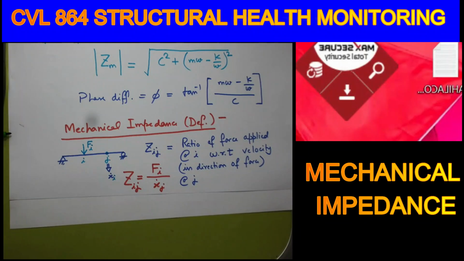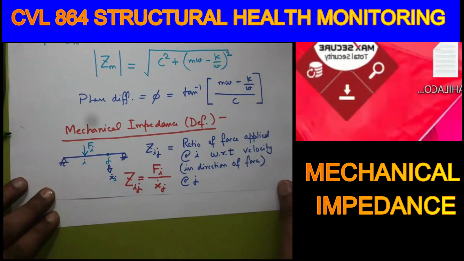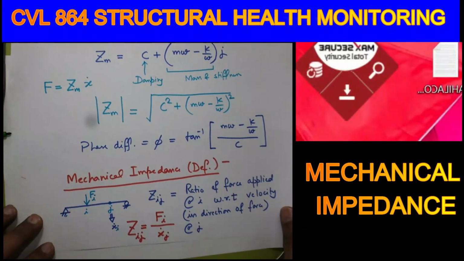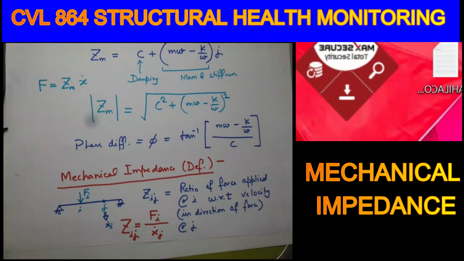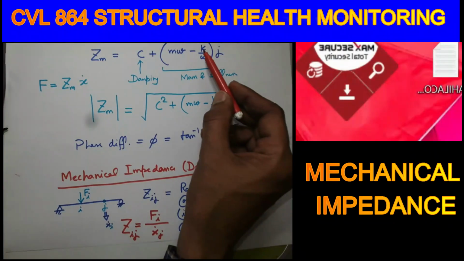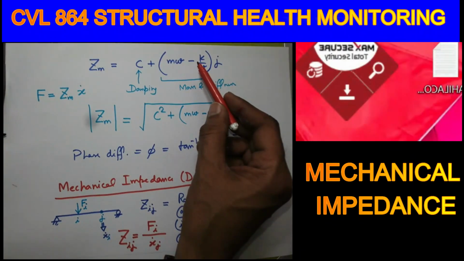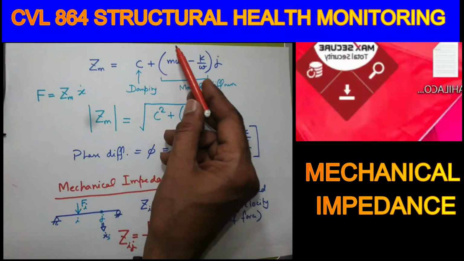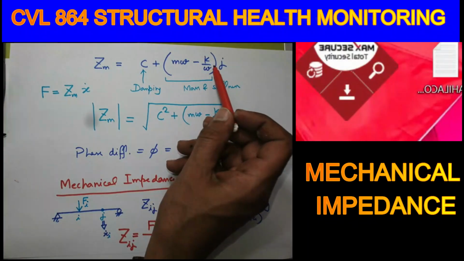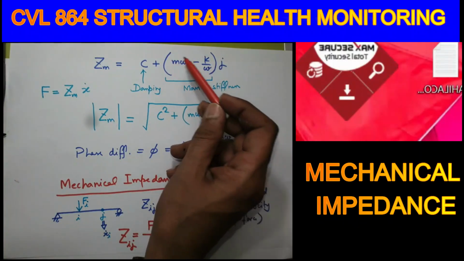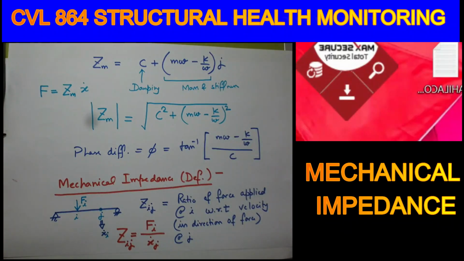Now let me ask a question. When we talk about the phase lag, if there is no inertial term and no elastic term, there won't be any phase lag between the force and the velocity.